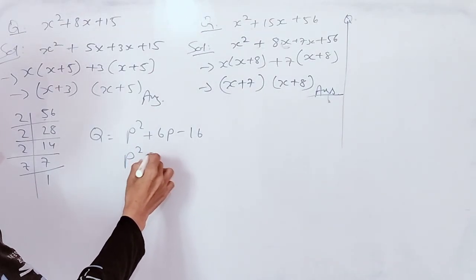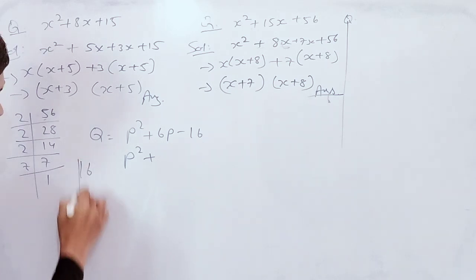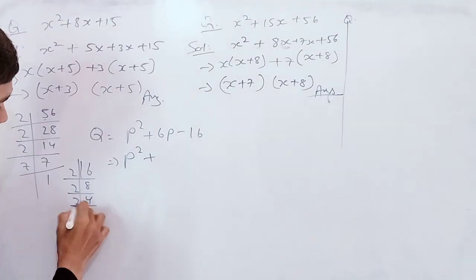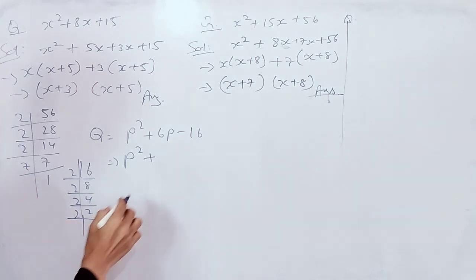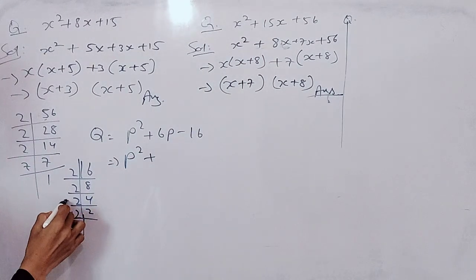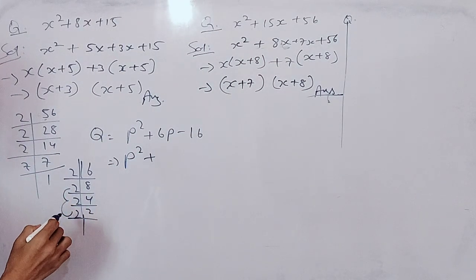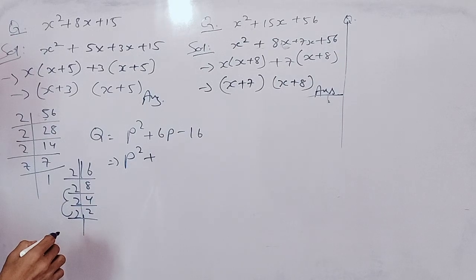p square minus 16. Two eights are 16, two fours are 8. Now here 2 twos are 4, 4 twos are 8. Is the question correct or not?